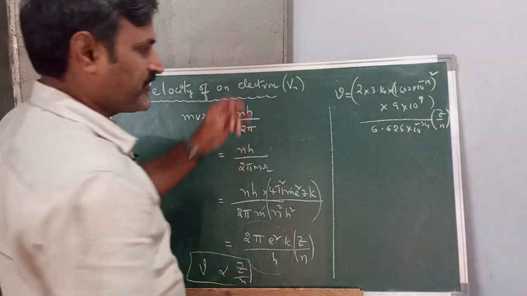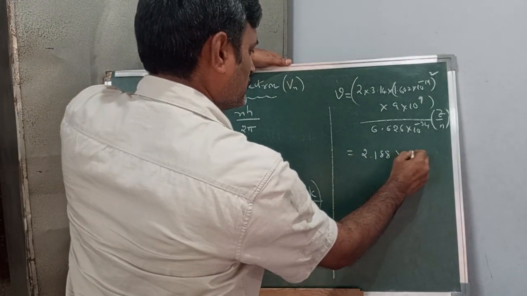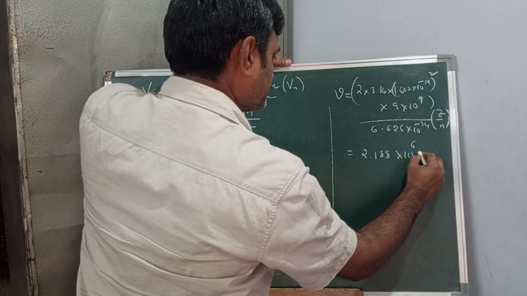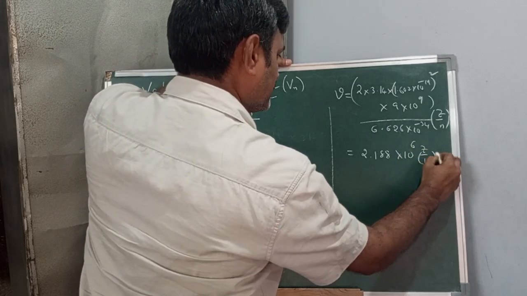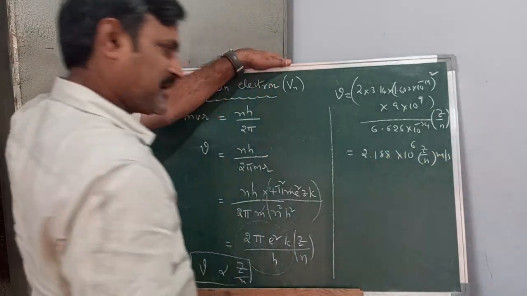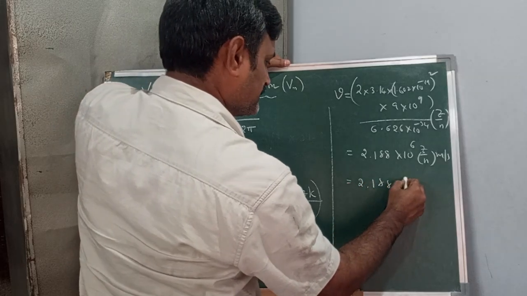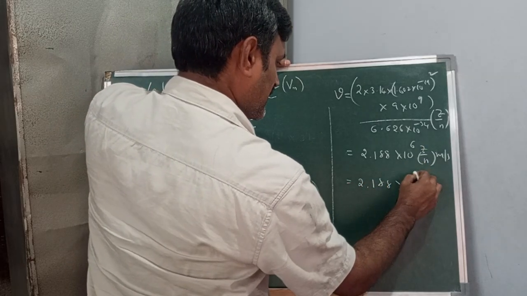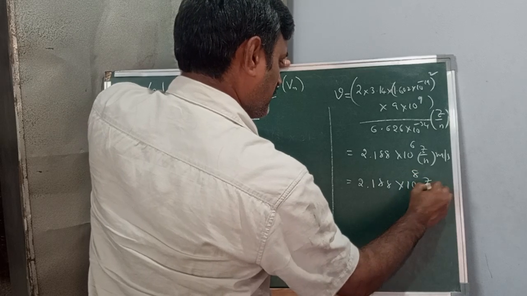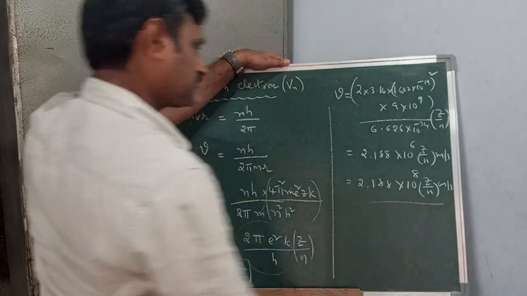Upon simplification, you will get 2.188 into 10 to the power of 6 into z by n meter per second. Or if you want to write in centimeter per second, it will be 2.188 into 10 power 8 z by n centimeter per second.